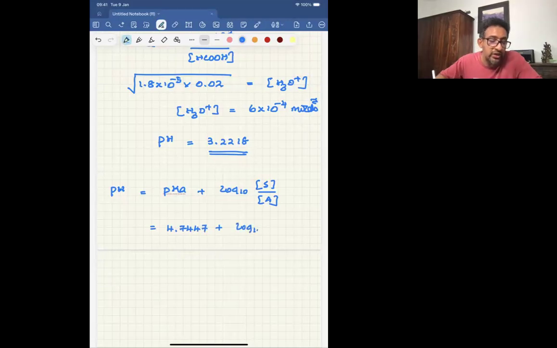Log10 of salt, which is 0.1, over acid, which is 0.02. So now what is the new pH? 0.1 divided by 0.02 and the log of this, 4.7447 plus this answer, gives 5.4436.